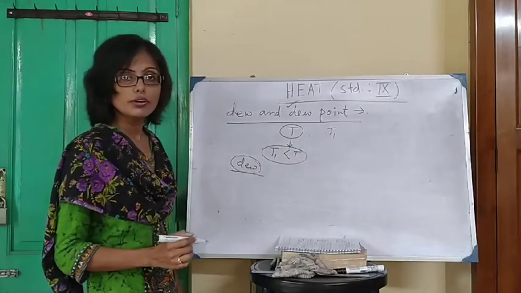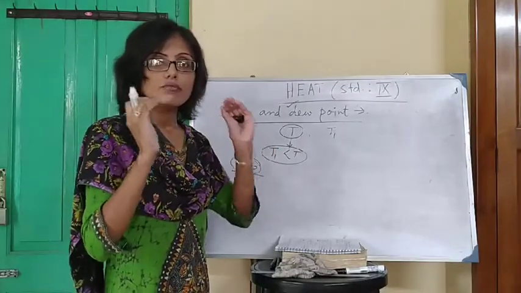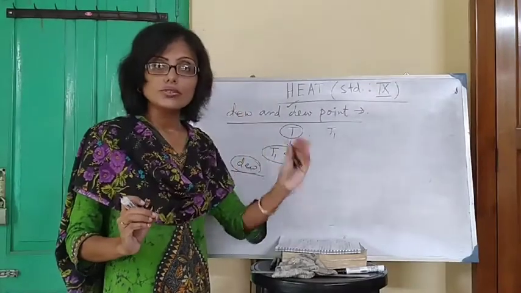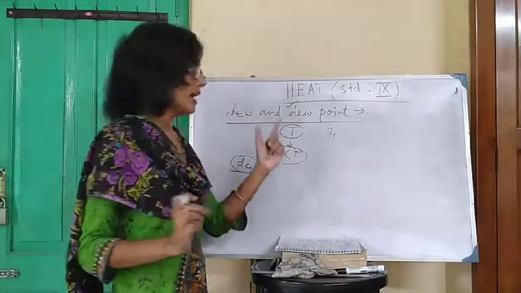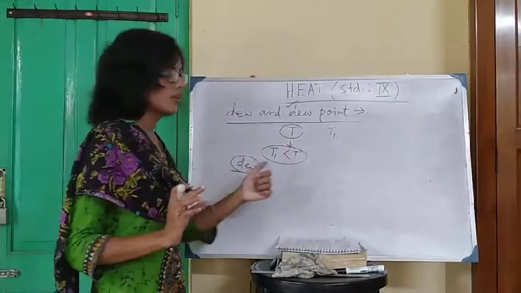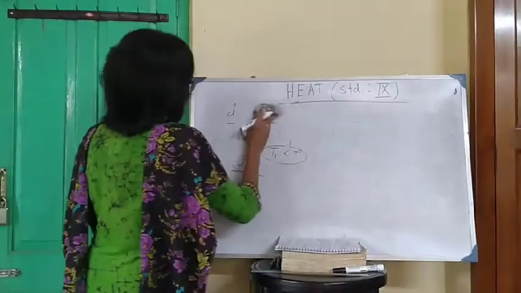So what is dew point? Dew point means the temperature at which a particular volume of air is saturated by the water vapor. It is called dew point, and the temperature at which dew is formed is called dew point.